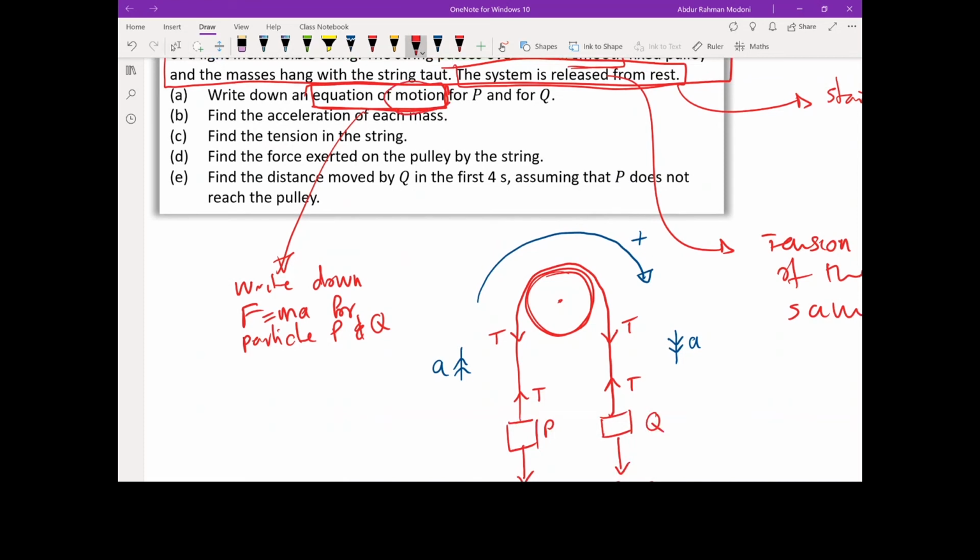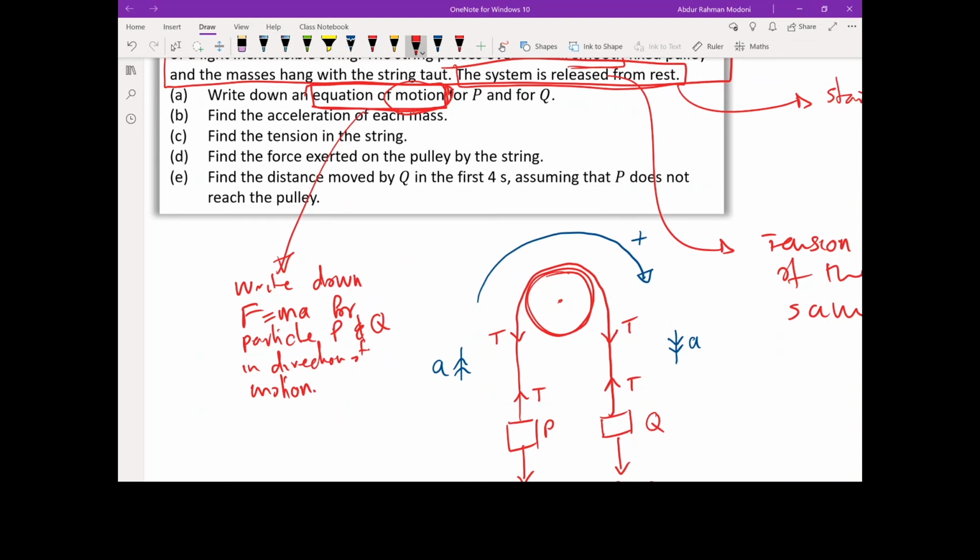The word motion should be the giveaway. In the direction it's moving, in the direction of motion. That's what it means by equations of motion. So make sure you understand the phrase equation of motion.